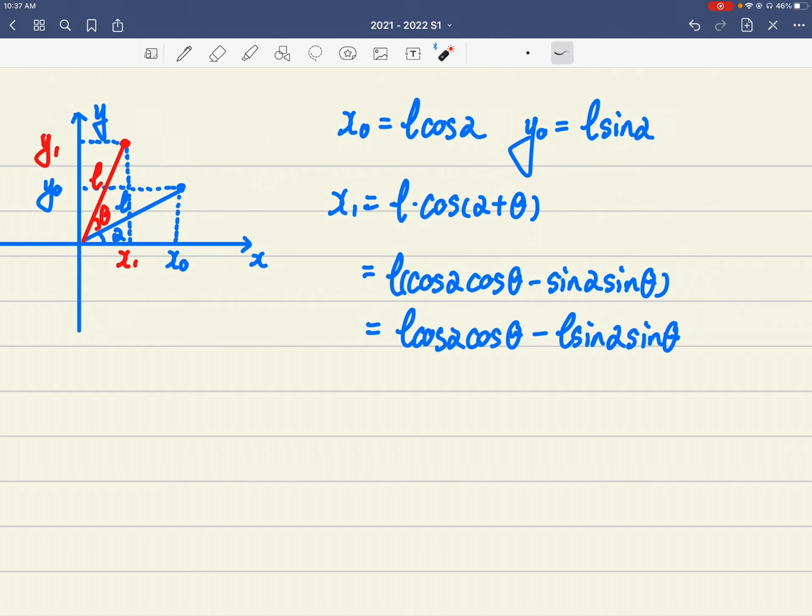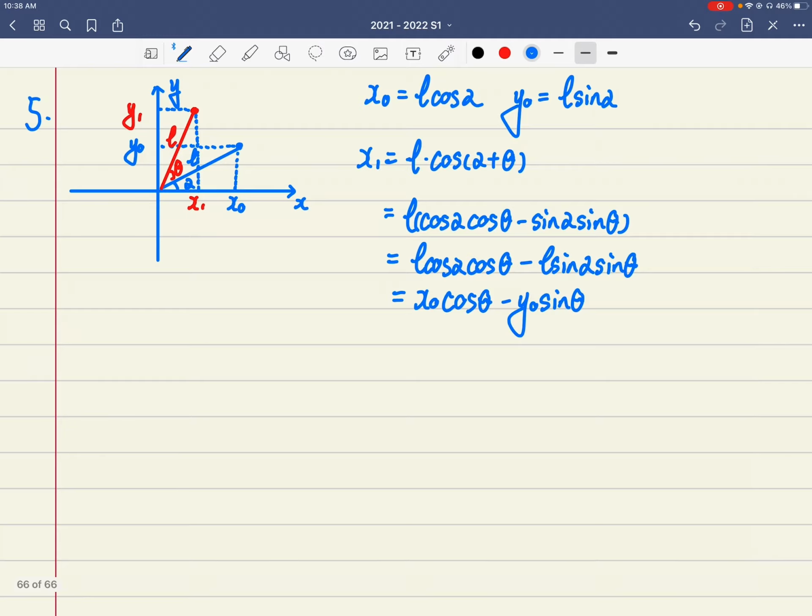And here's the thing: L cosine alpha is exactly x0. L sine alpha is y0. So that's x1. y1 is very similar. y1 is this length, which can be L times sine of alpha plus theta.